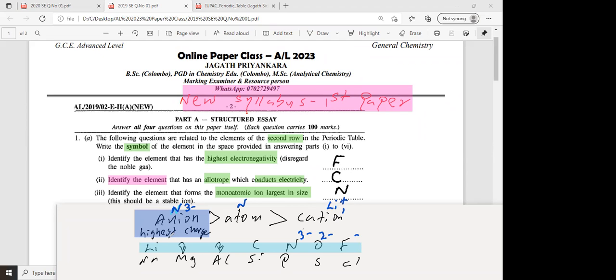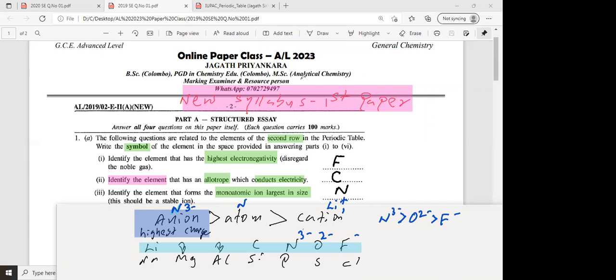If you take O2 minus, it is smaller than N3 minus, and F minus is smaller than O2 minus, right? So always write: anion is larger than its atom and cation is smaller than its atom.